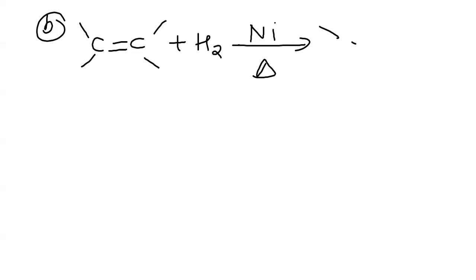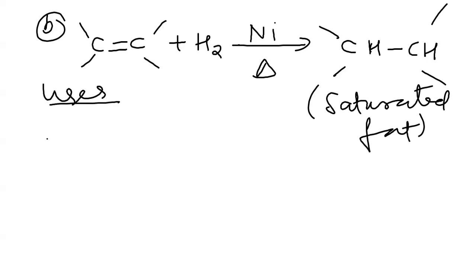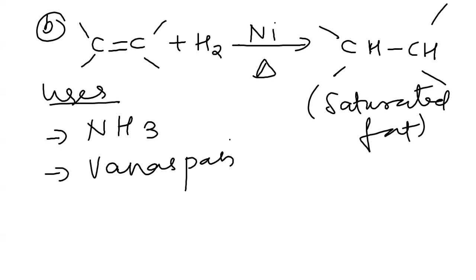If I take unsaturated organic compounds and react them with hydrogen gas in the presence of nickel, it will give us saturated fat. So basically, the uses are: it is used in the production of ammonia. It is used in the formation of vanaspati ghee, by catalytic hydrogenation.